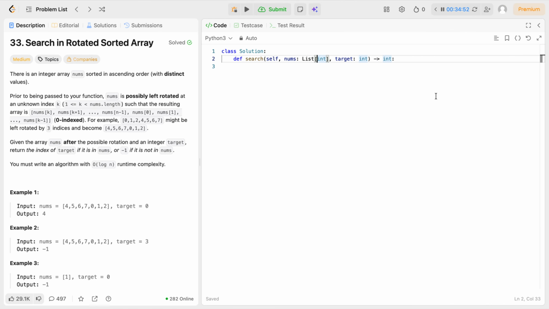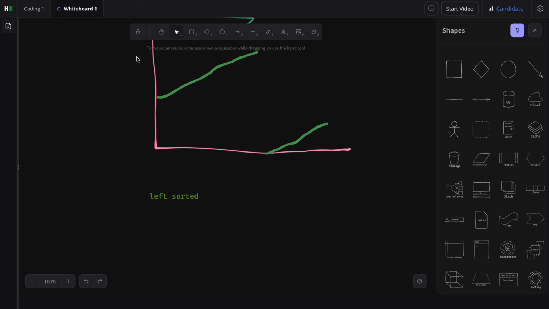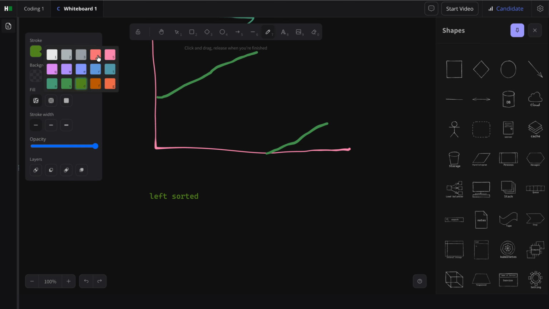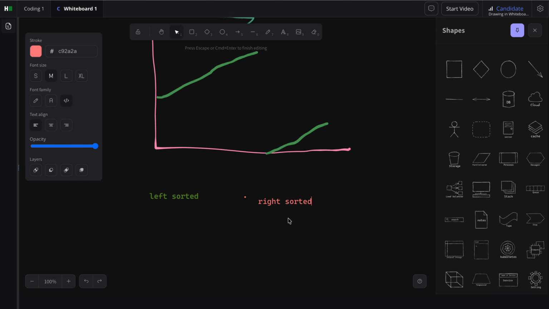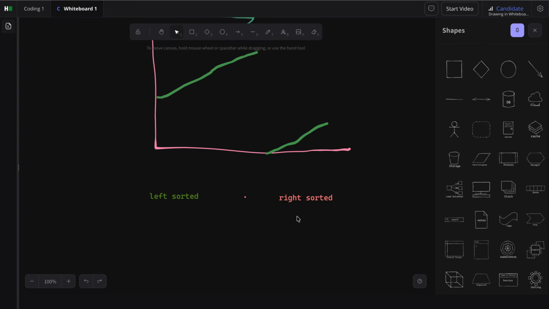Oh, I am timing myself. Nice. Okay, so we have these two different scenarios.